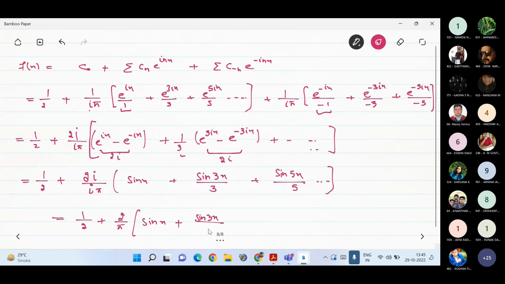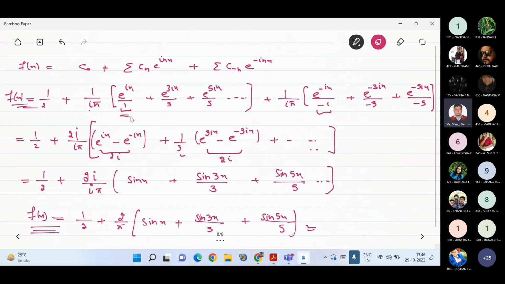Now you can see that in terms of trigonometric functions, this f(x) is expressed with these trigonometric terms. This was the Fourier series expansion in terms of complex variables, in terms of iota.